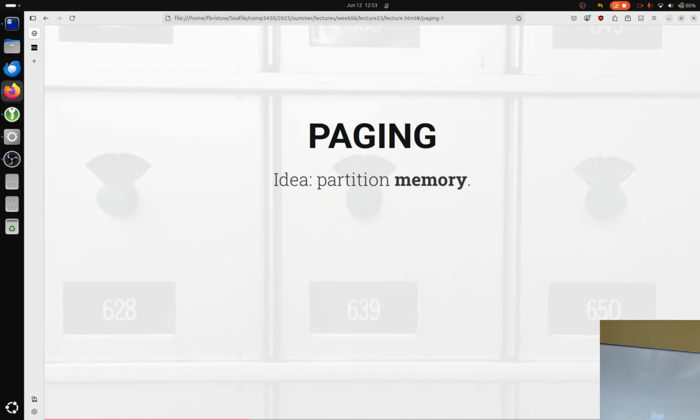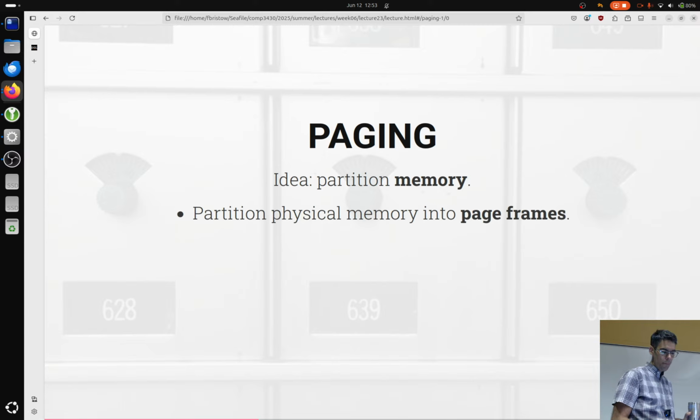And so if partitioning memory in the first place allowed us to have virtual address spaces put into main memory, and then if partitioning the address space allowed us to have more processes running at the same time, paging is taking this idea and doing it to both main memory and our address space. Let's partition both instead of just partitioning one or the other.